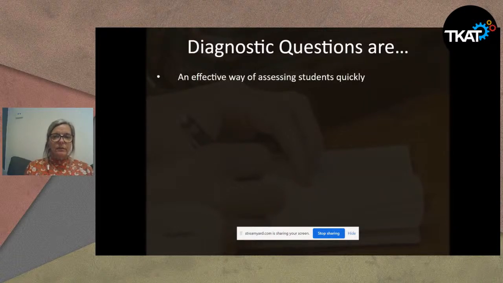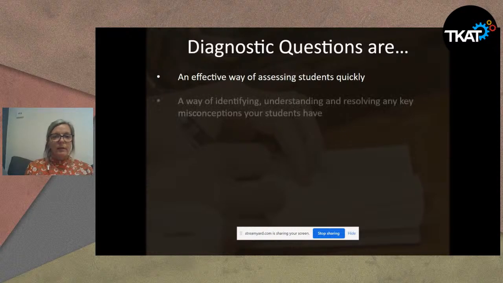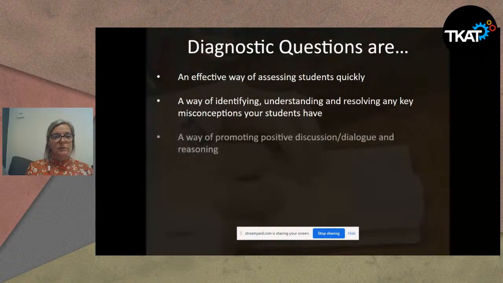Diagnostic questions are an effective way of assessing students quickly, a way of identifying, understanding and resolving any key misconceptions your students have. For me, this is the most important thing about diagnostic questioning.